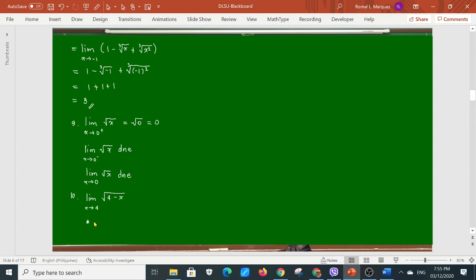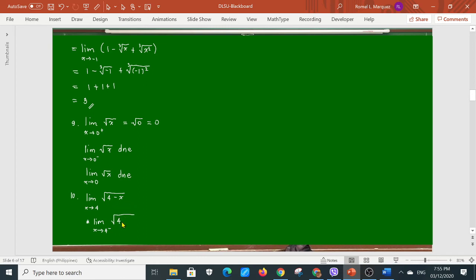So ang solution ninyo, you check the limit from the left of 4. Ano ang nasa left ng 4? 3.9, 3.999, 4 minus 3 point something.